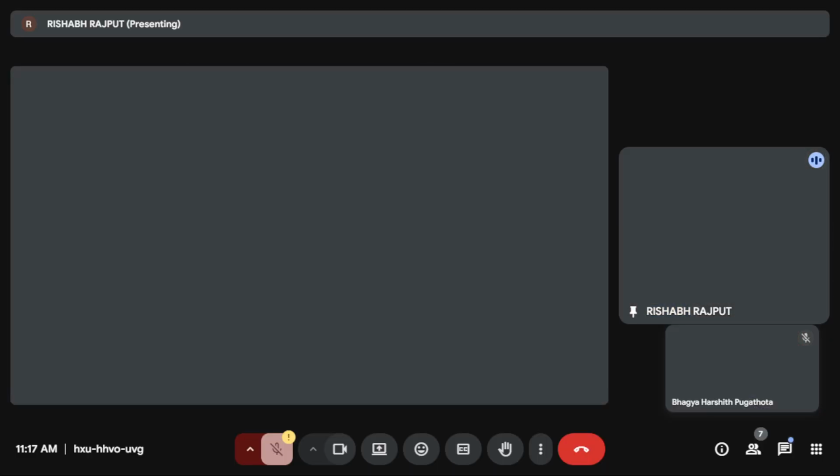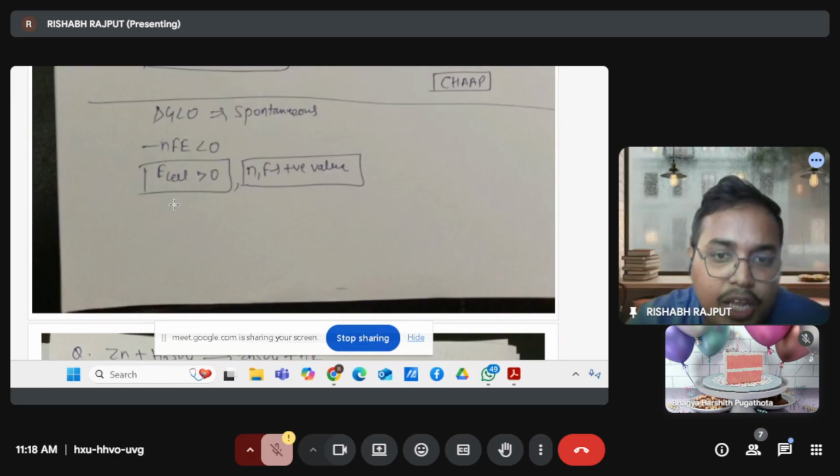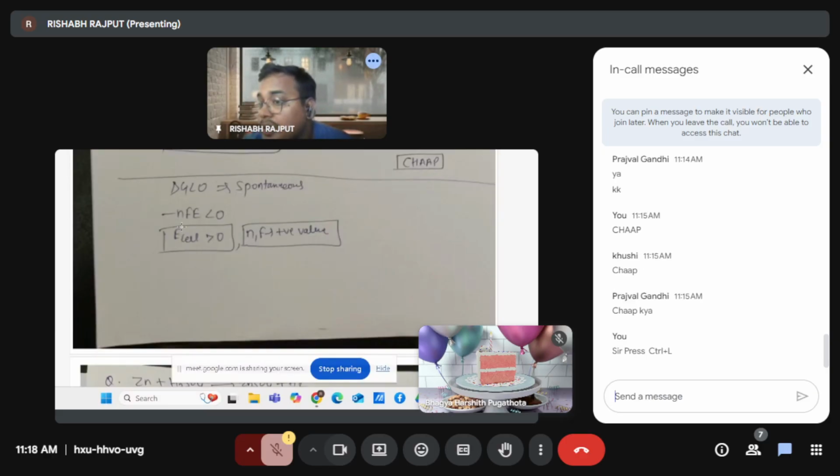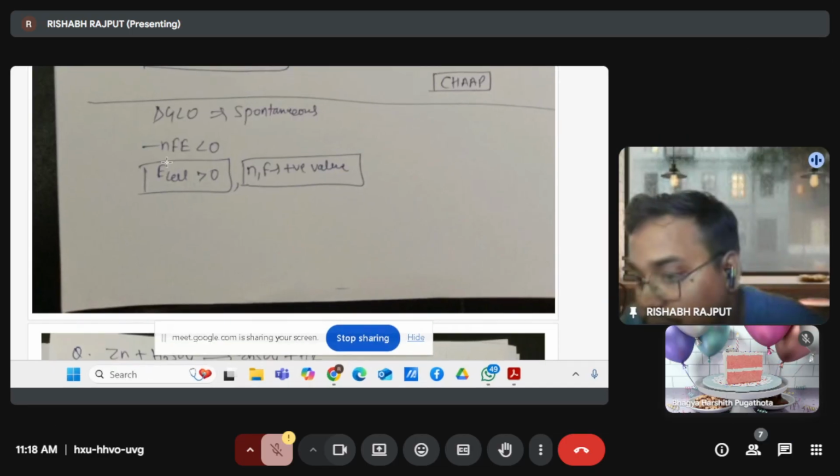That is why I told you this concept yesterday. If the cell is possible, delta G is negative and E cell is positive. If E cell is negative, the minus sign makes delta G positive, and delta G positive means a non-spontaneous process. That means it is not possible.